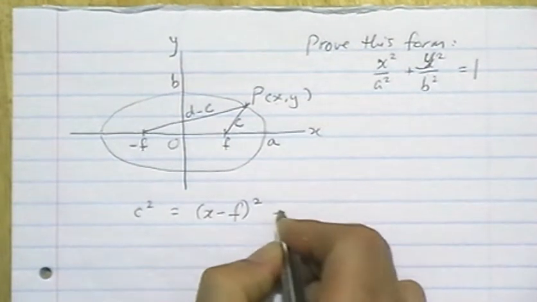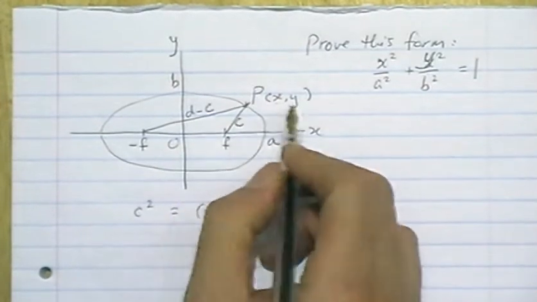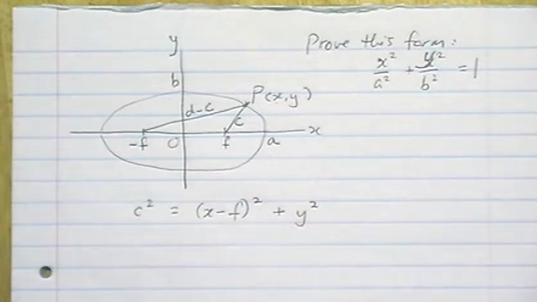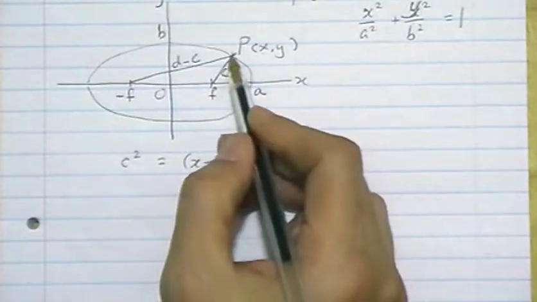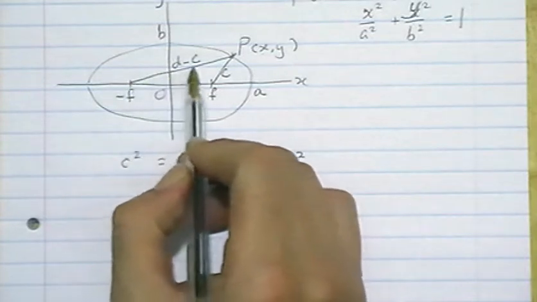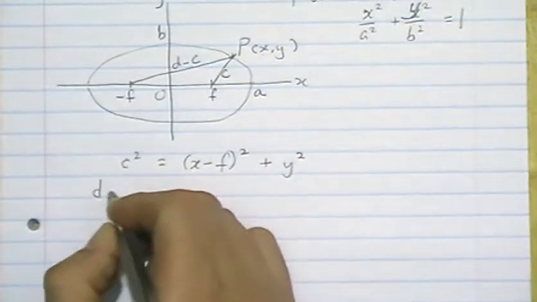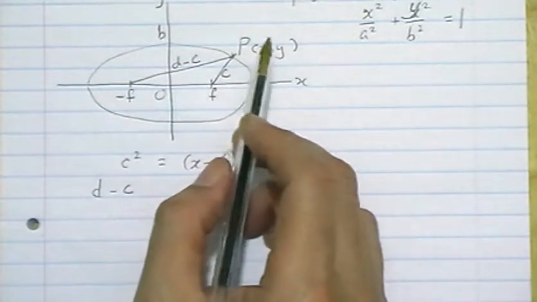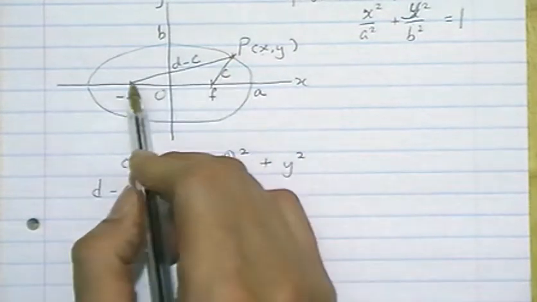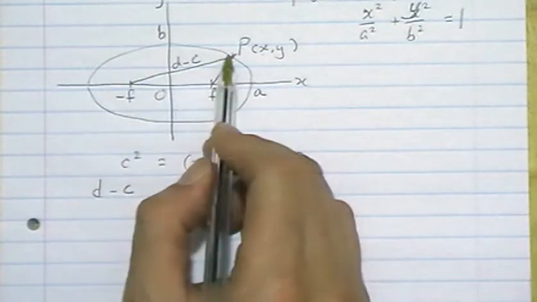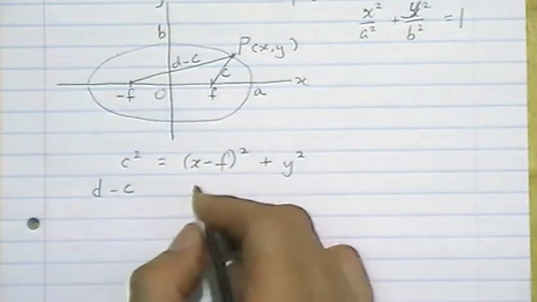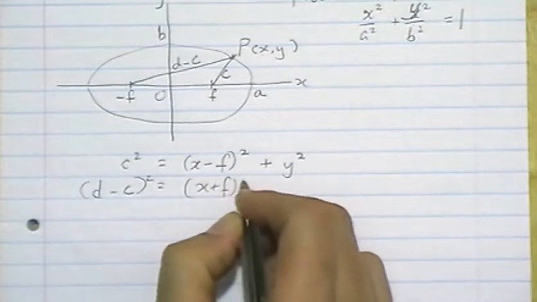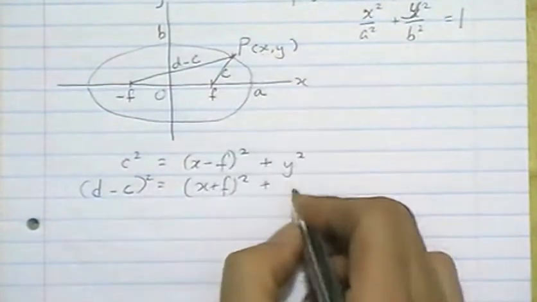I put that in the Pythagoras theorem. Vertical is y, so y squared. So we get this from the Pythagoras theorem for this side. For the other length, D minus C, we can use Pythagoras theorem again to find the distance between this point and that point. The horizontal distance is x plus f. Vertical is again y.